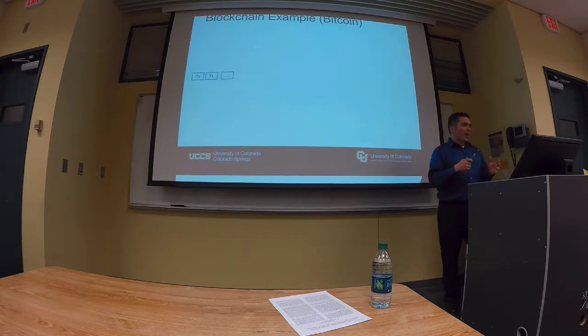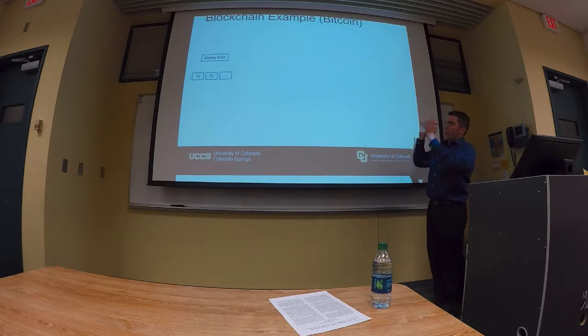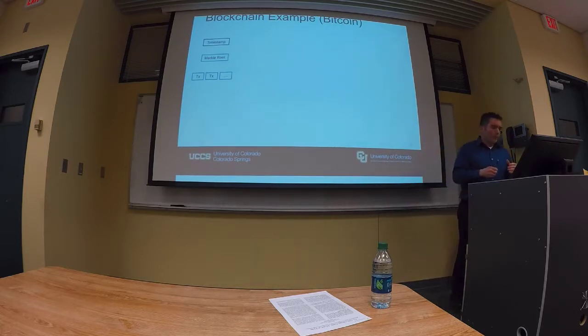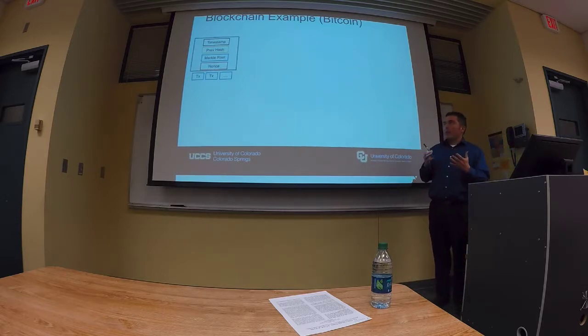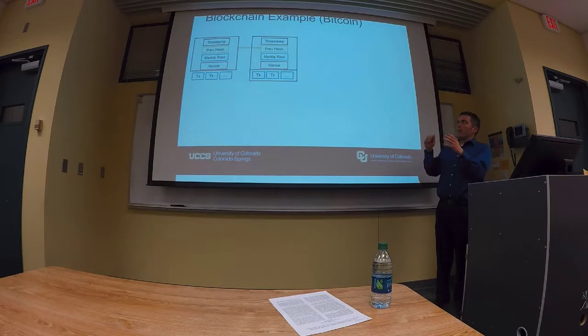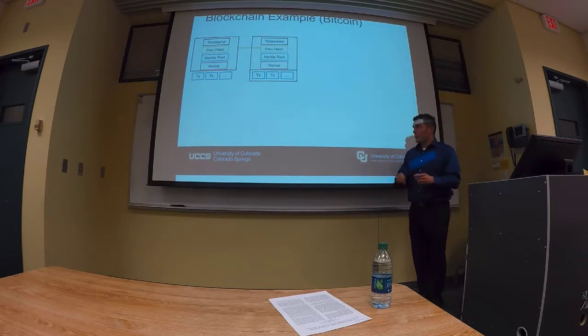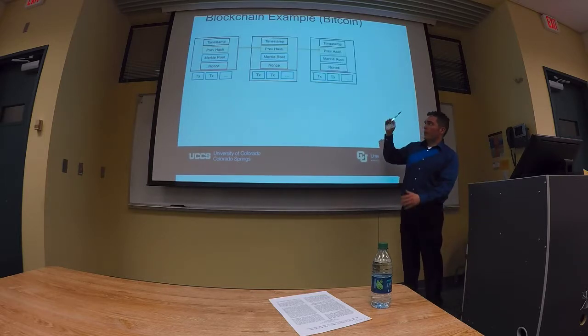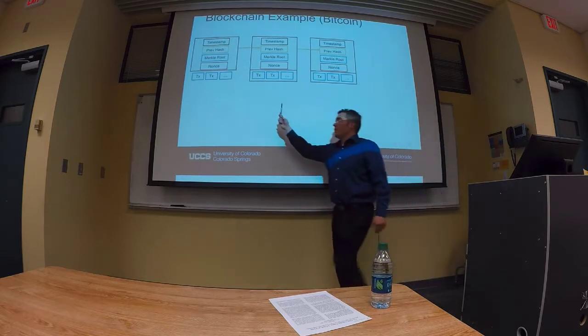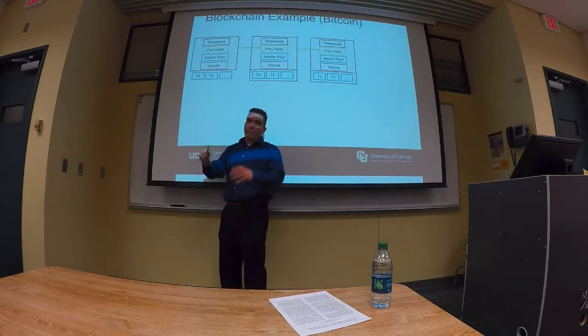So in blockchain, with Bitcoin specifically, we have transactions come in. Essentially a blockchain is a series of facts. So in Bitcoin, you have transactions. These are the facts that everyone wants to agree on.